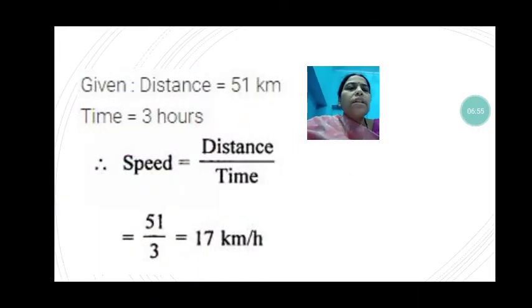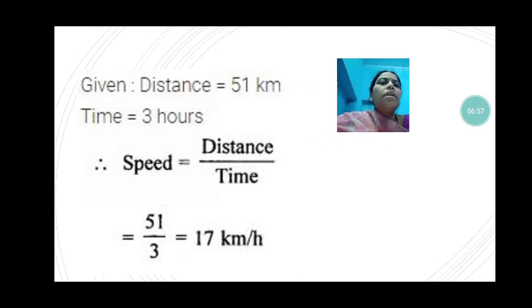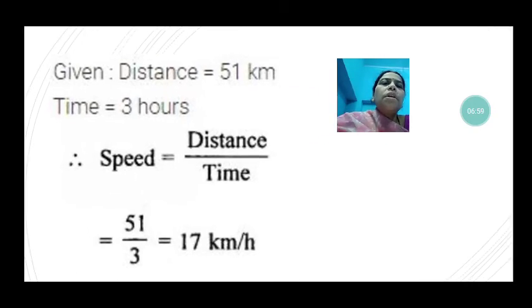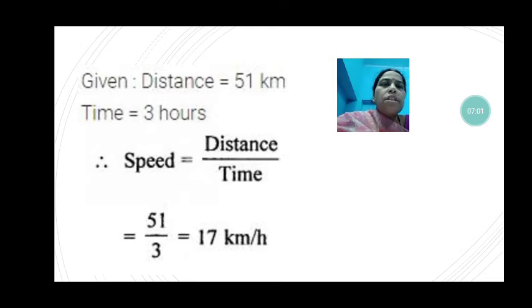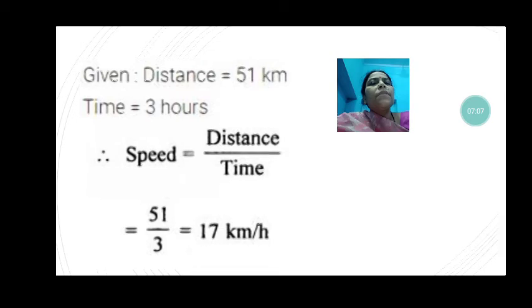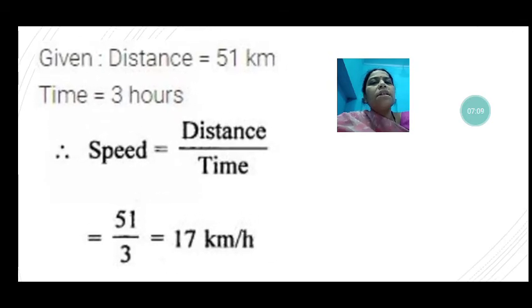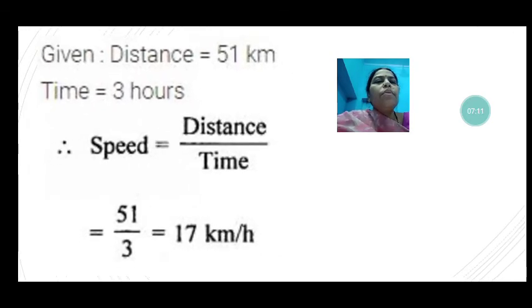Now one more question, let us see. Here the distance is also given in kilometer. If you have to find out the speed, and the distance is given as 51 kilometer and the time is 3 hours, then speed is equal to distance by time. So distance is 51, time is 3.